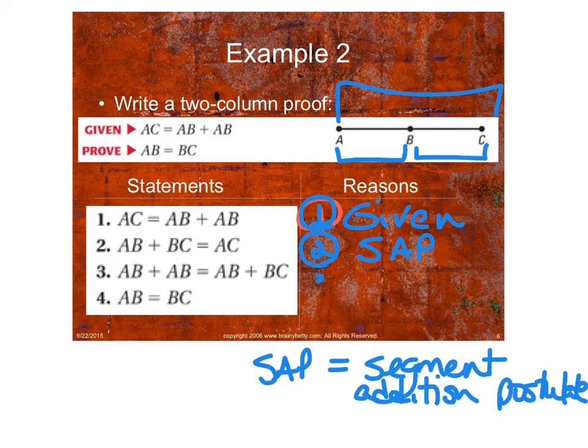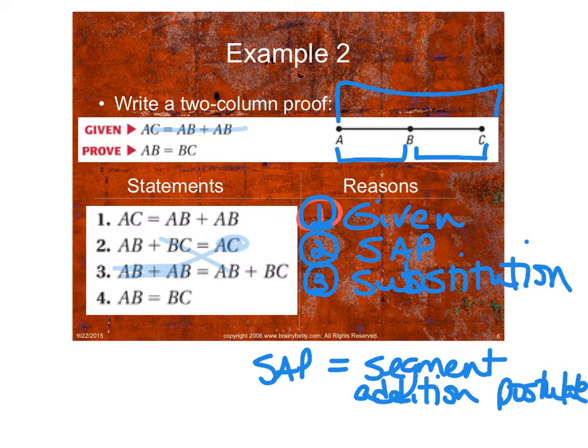Good. Because what we saw up at the top was AB plus BC equals AC. So they took this given, and here was AC, and they put it over here. And then this just was here, so it was substitution.